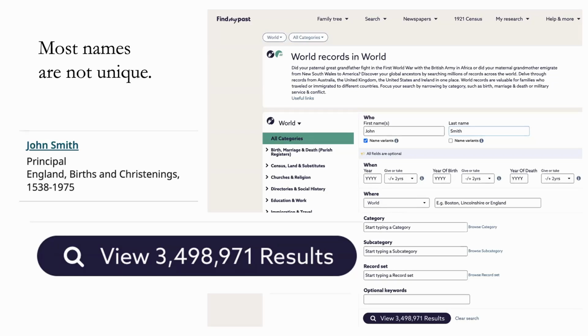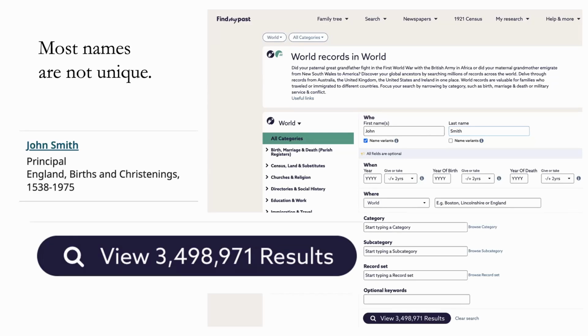Having done this same procedure using this program and others, I have a feel for how frequent a name is going to be. You can see very quickly that John Smith is going to come up in lots of different places and lots of different types of records, and it's going to be very difficult if that's all we have.